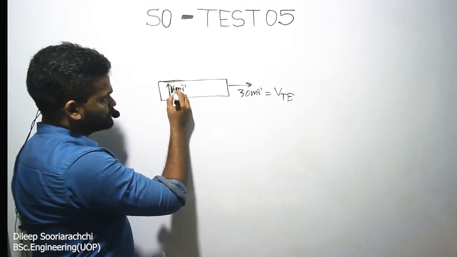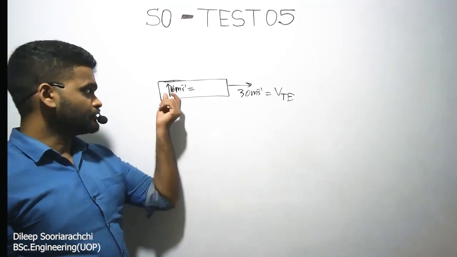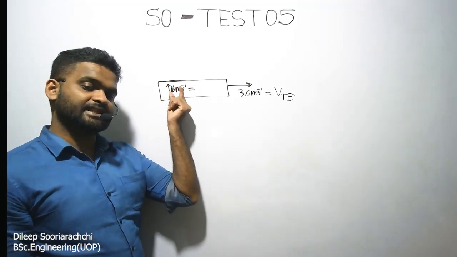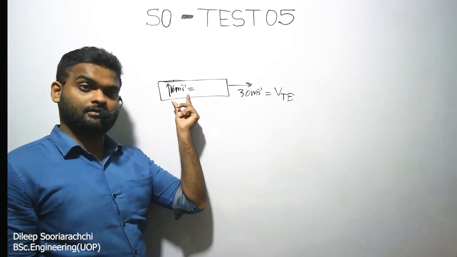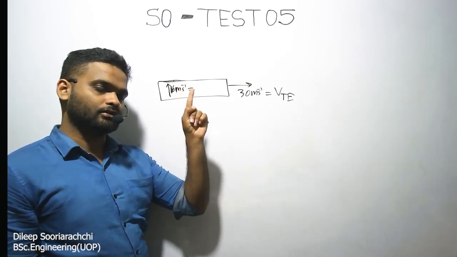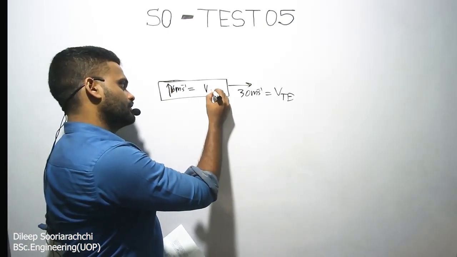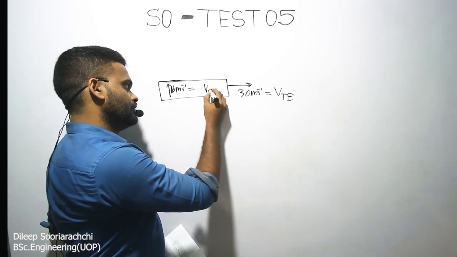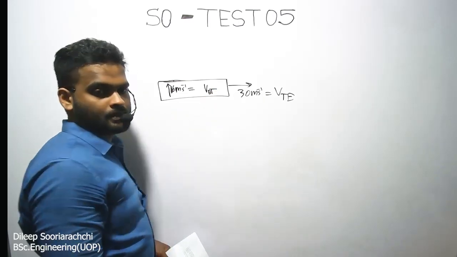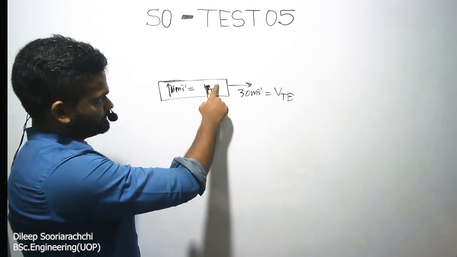To what should this be relative? You observe this sitting inside the train, right? So this velocity should be relative to the train, not relative to earth. Relative to train, velocity of the ball. So this is related to the train.